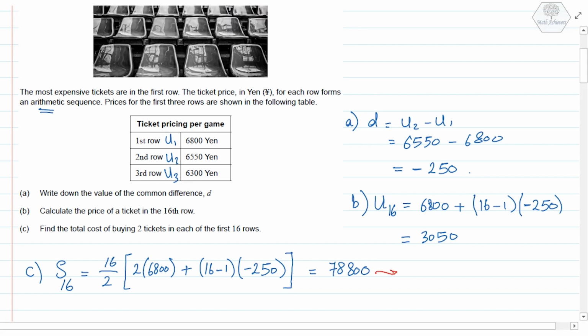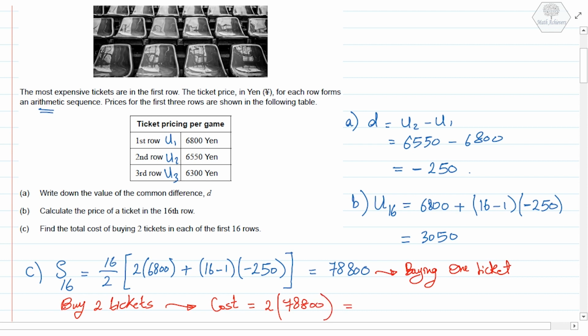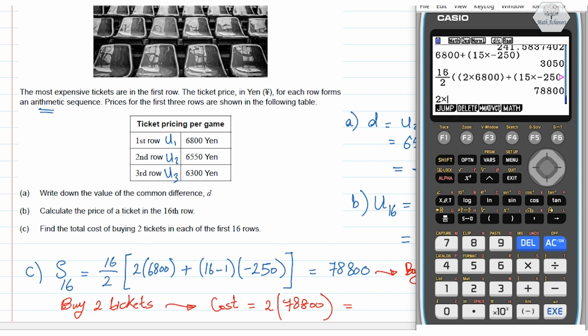This value is for buying 1 ticket. So if we want to buy 2 tickets, then the cost would be simply equal to 2 times 78,800, which is equal to, also you can use a graphical display calculator, 2 times 78,800 and this will give me 157,600.